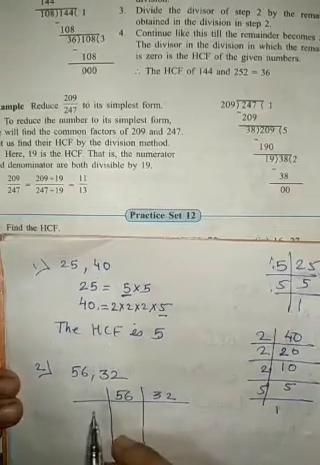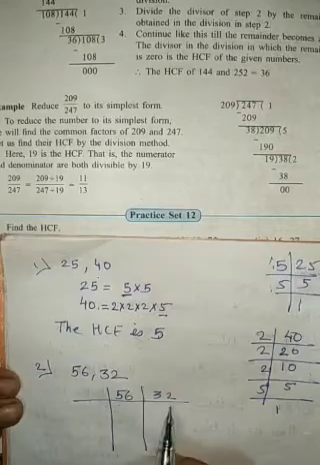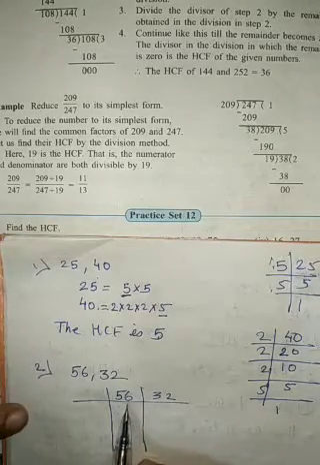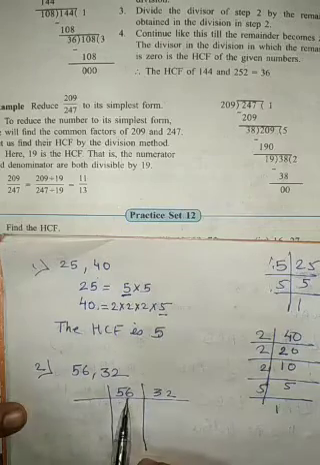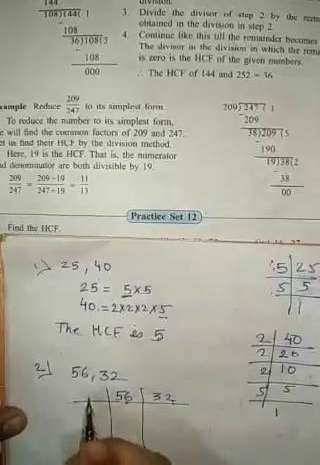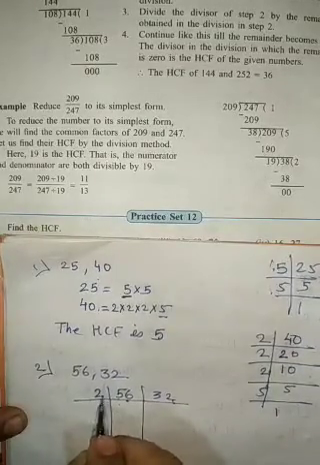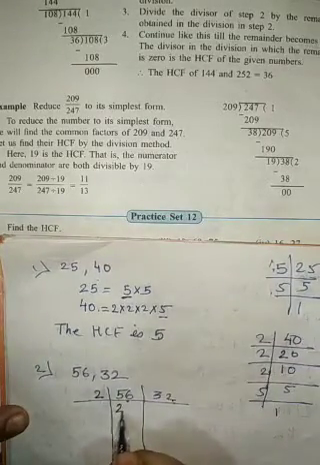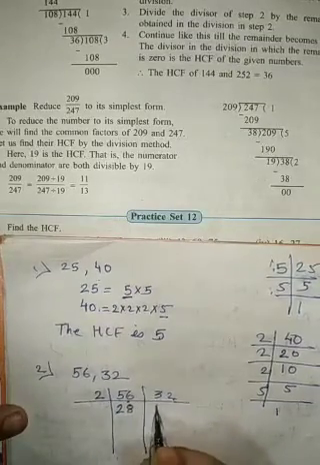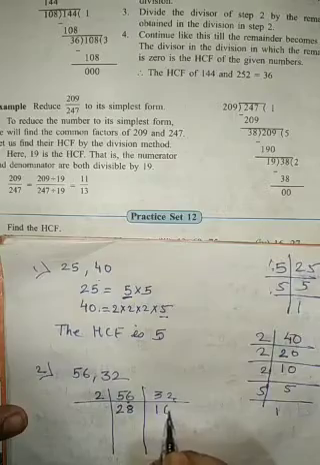Now we have to see by which number these two numbers will be divided. As you can see, in the unit place there is 6 and here it is 2, meaning both numbers are divisible by 2. Then we directly divide by 2: 2 2s are 4 and 1 remaining, 2 8s are 16, and 2 1s are 2, 2 6s are 12.